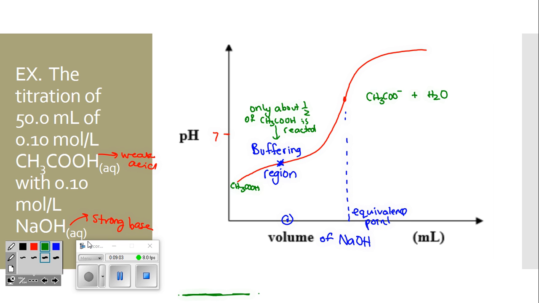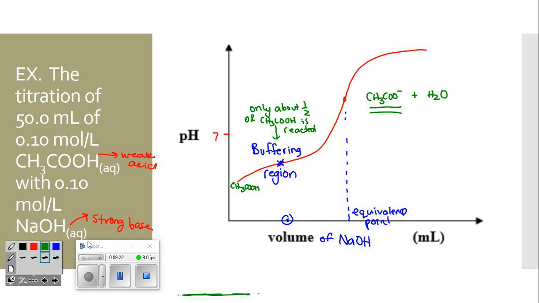So I started out with this acid, and when I get to that buffering region that's about halfway to the equivalence point, I haven't used up all the acid. Only about half of it has reacted. The half that has reacted has made this conjugate base.